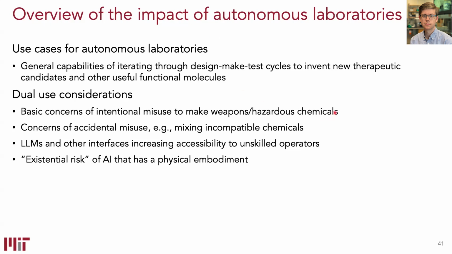You could imagine there's intentional misuse, but there could also be just accidental misuse, right? It's kind of easy to accidentally mix things that are incompatible. That could end up being a safety hazard. You might need some sort of oversight, and especially if you're trying to use tools like LLMs to increase the accessibility of this, perhaps you're going to have operators that don't have the sort of intuition to know what is incompatible and what might lead to these adverse events.